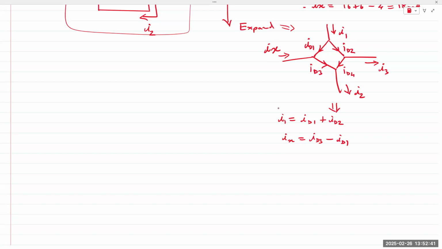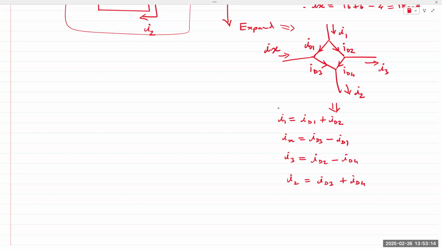And then for I3, 2 leaving, so ID2 is equal to ID4 plus I3, meaning I3 is equal to ID2 minus ID4. And then I2 is equal to ID3 plus ID4.